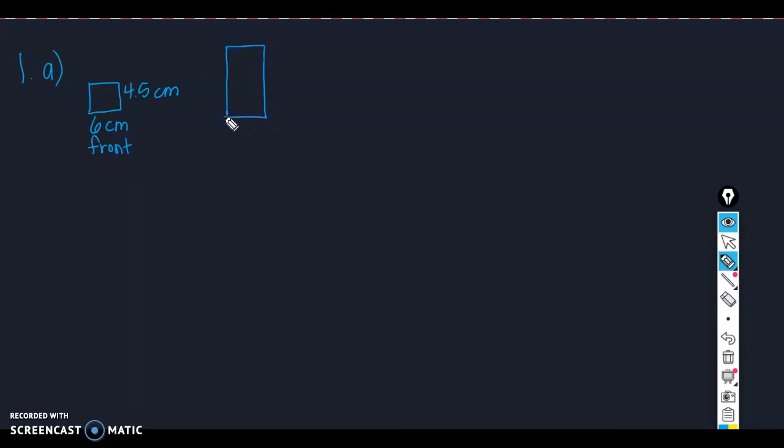Our top view would be 6 centimeters by 10 centimeters. And the side view would be 10 centimeters by 4.5 centimeters. So remember, the front and the back are the same, the top and the bottom are the same, and the left and the right sides are the same.